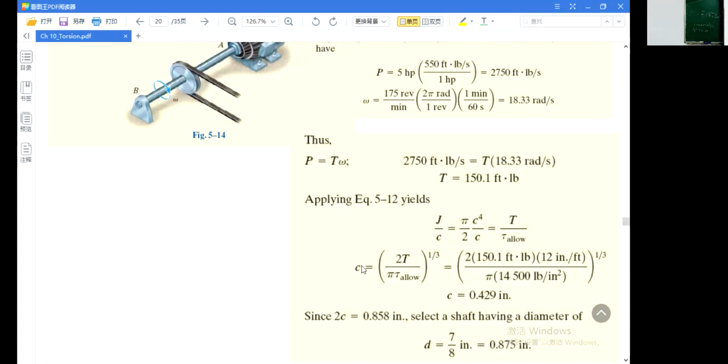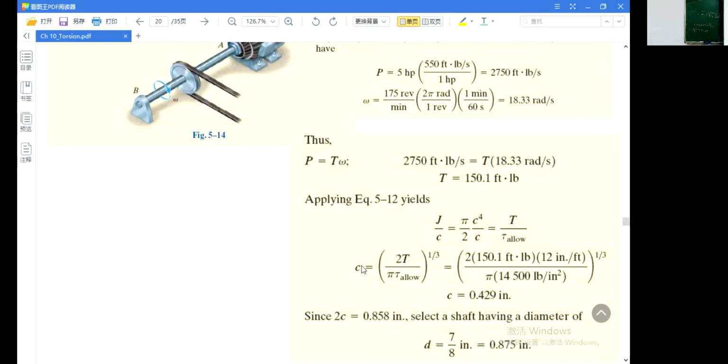In this way, we find c is 0.429 inch. It means if the radius of the shaft is more than 0.429 inch, the shaft is safe.